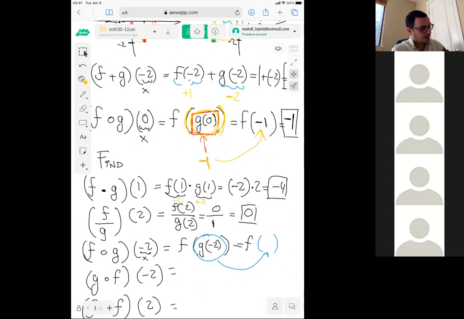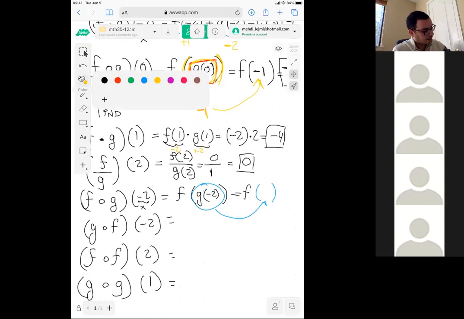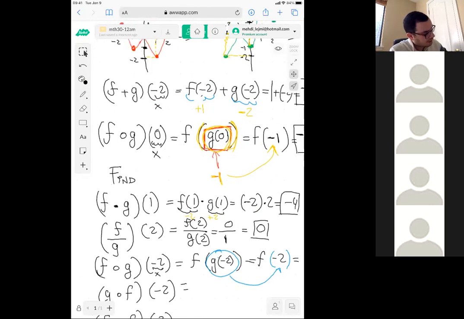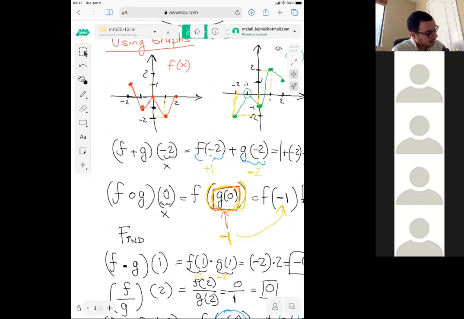So here it's gonna be f of -2. It's not f times -2. It's f of -2. So we have to find f of -2. We go to the graph of f, and here's -2.